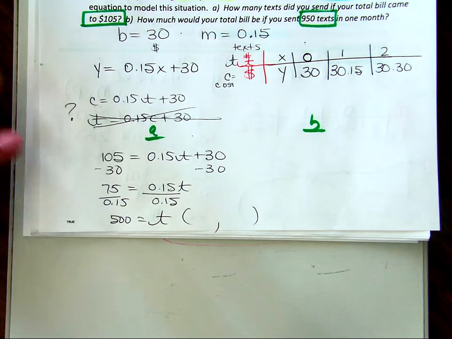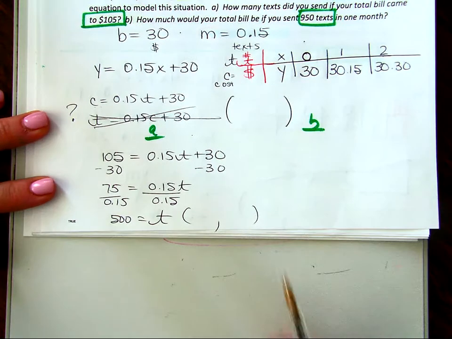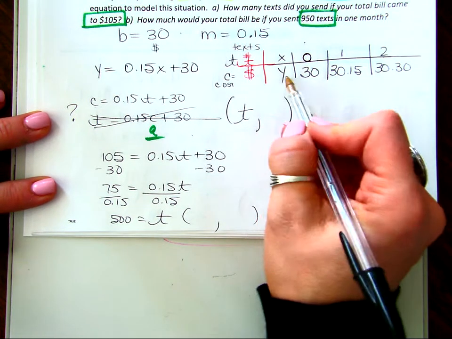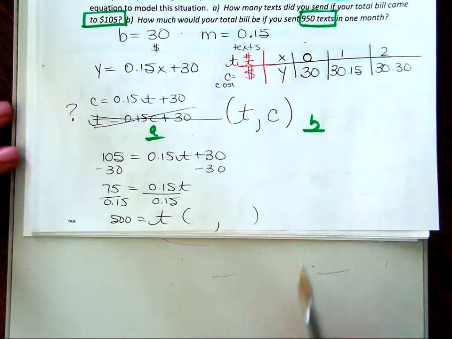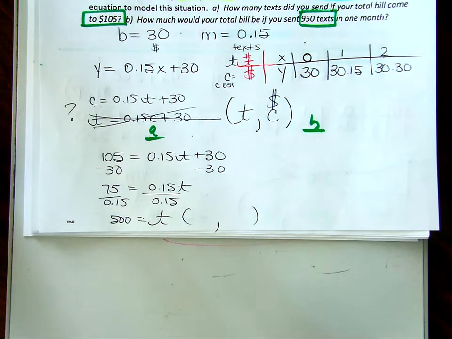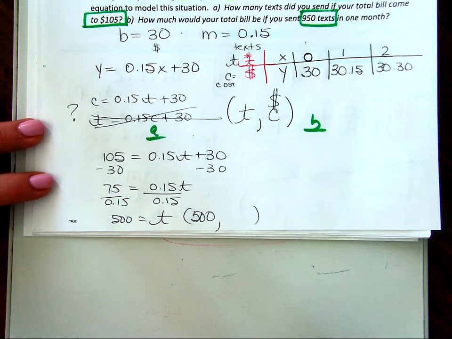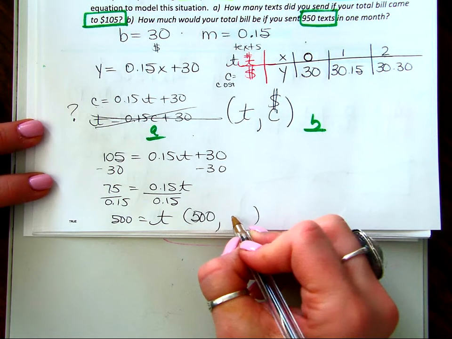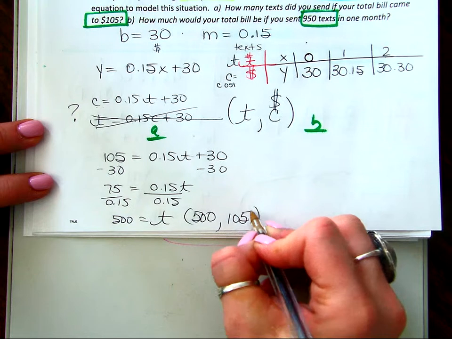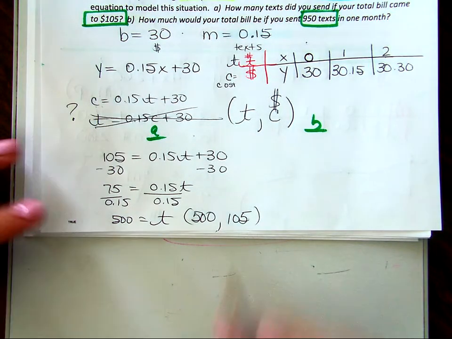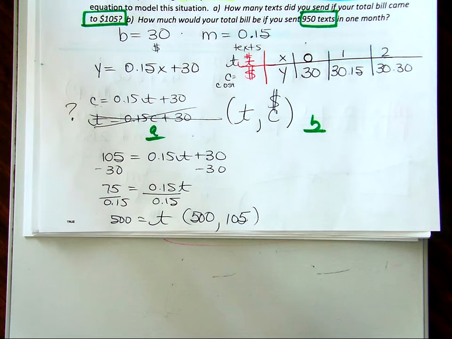So, what was my x? The number of texts. And what was my y? The cost. So T comma C. For 500 texts, it costs $105. Don't mix those up. Okay? Text, comma, cost. So you go ahead and figure out the other one. And where does 950 go?